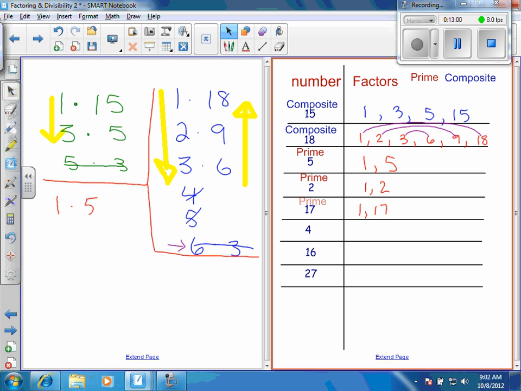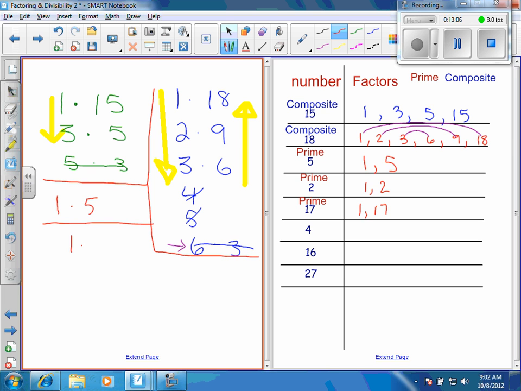Okay, what about 4, Emma? 1 times what? 4. 2 times 2. Do we see the same number twice now?